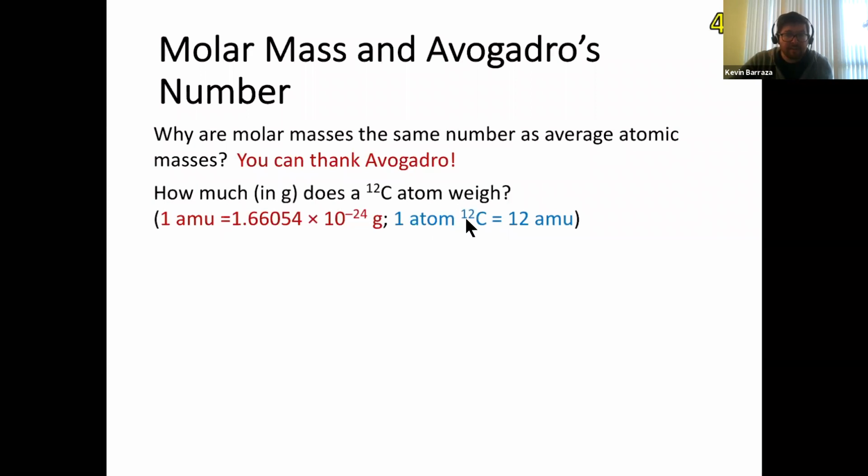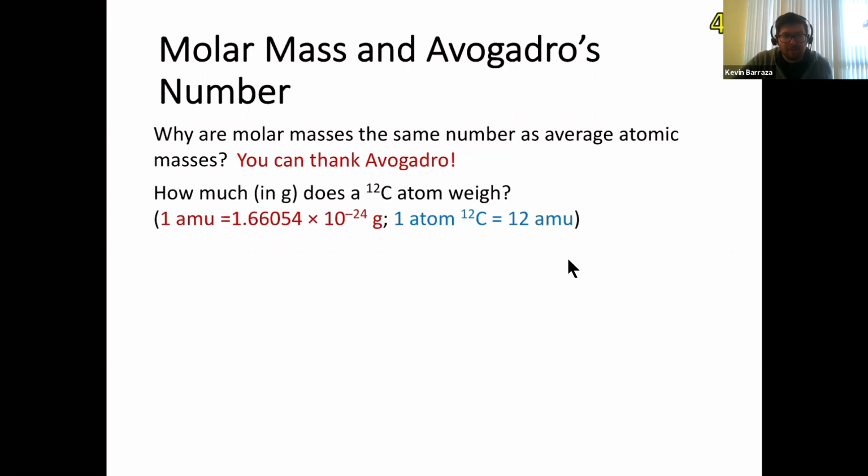That's the mass number. It tells us how many particles are in the nucleus of a carbon atom. So there are 12. And because in AMU units a proton and a neutron each weigh 1 AMU, the weight of a carbon-12 atom is 12.